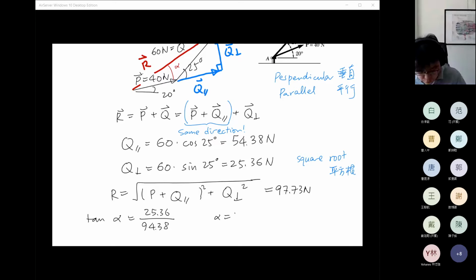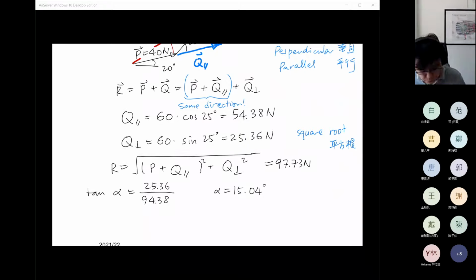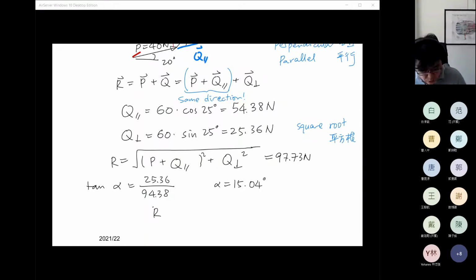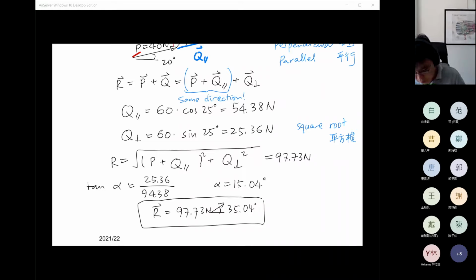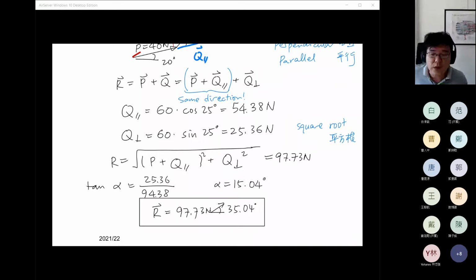So alpha equals 15.04 degrees. So R is equal to 97.73 Newton, angle 35.04 degrees. So this is our result.